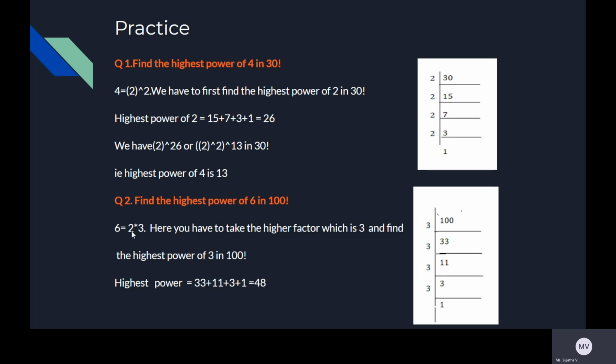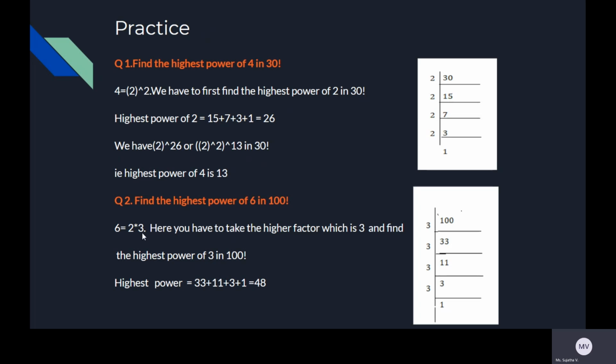In the case of 6, these are the only two factors, 2 and 3, and they are co-prime. But if you're taking something like 12, don't take 2 and 6, because there is a common factor among 2 and 6. Take 4 and 3. Those are the co-prime factors.